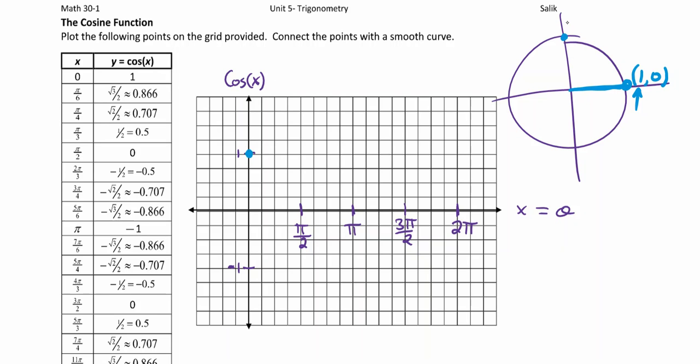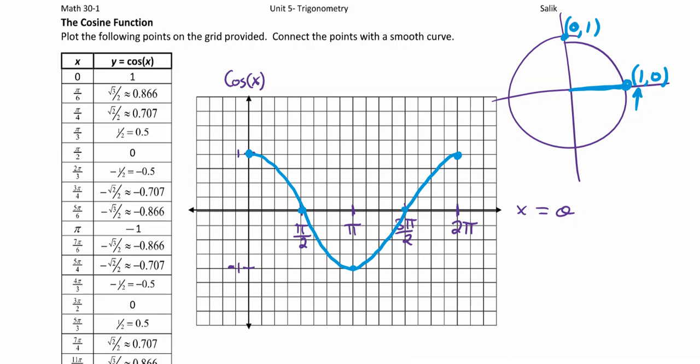And then it's at 0 at pi over 2. I think you get the pattern, so I'll just carry on from there. Our graph starts at the top, comes down, the bottom, and then up again, looking something like that.